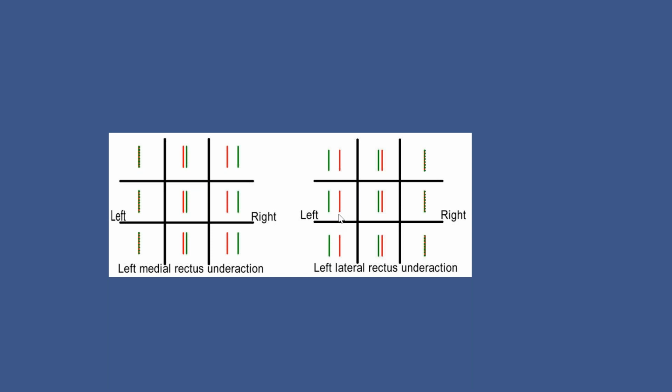The maximum horizontal separation occurs when the patient is looking towards the left, in levoversion, when the left eye is supposed to abduct, when the lateral rectus is supposed to function. Because the lateral rectus is not functioning, the maximum separation occurs in levoversion. So the left lateral rectus is involved. Is that understood?